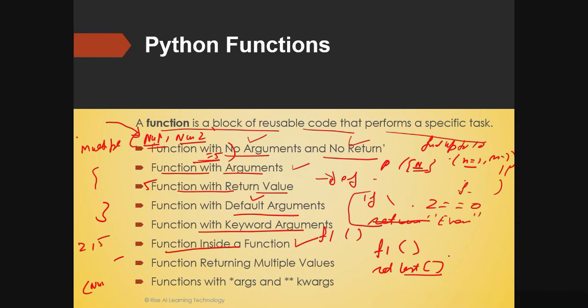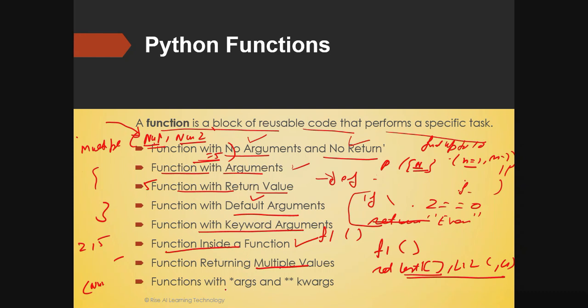It will return a single list, but I want to return list 1, list 2, list 3, like that. So you can return multiple objects also. You don't need to create a class, assign all those properties to those 3 objects, and then return it. You can directly return multiple values from a function. So that is the multiple value concept.